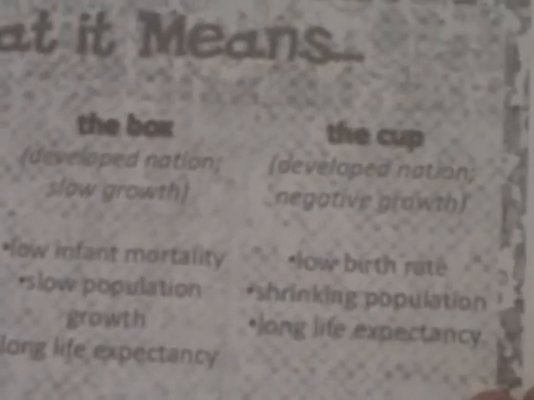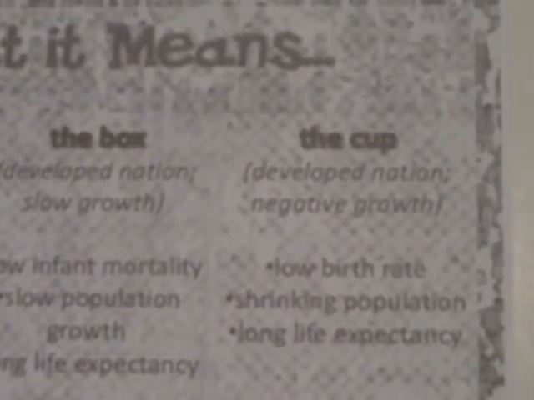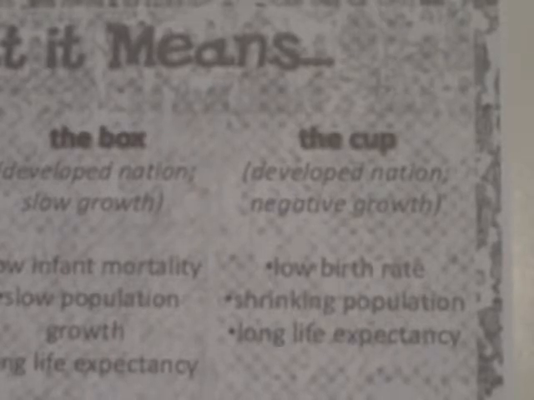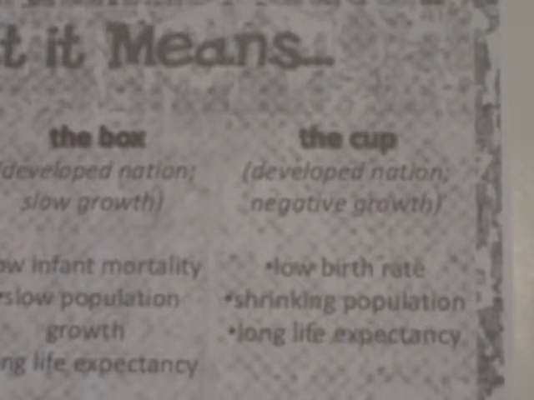This one represents a developed nation or more developed, but also it has slow growth, low infant mortality, slow population growth, and long life expectancy. Then you have the cup. This is a developed nation as well, but negative growth, low birth rate, shrinking population, long life expectancy.